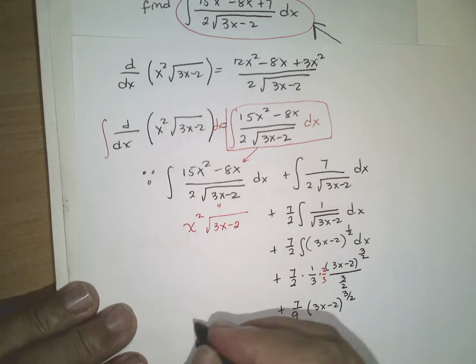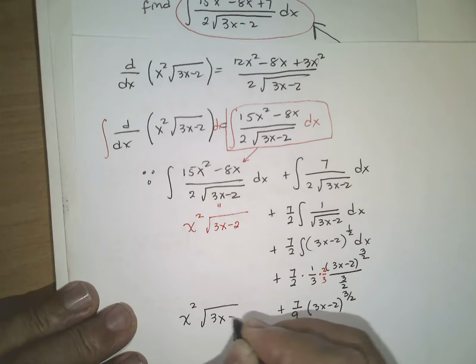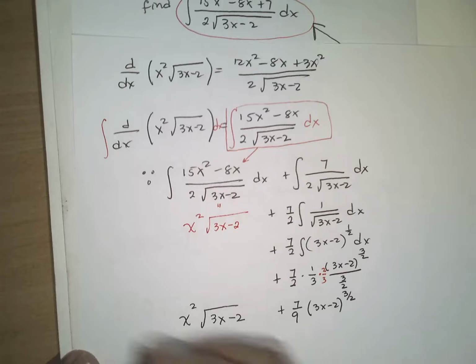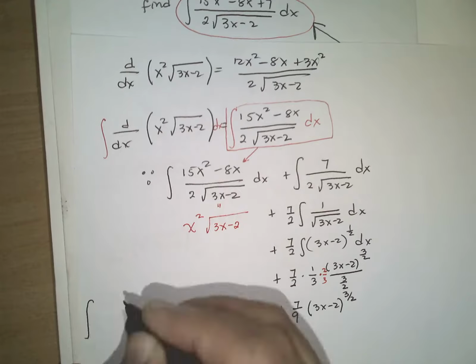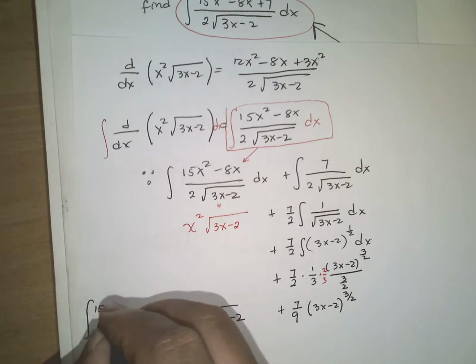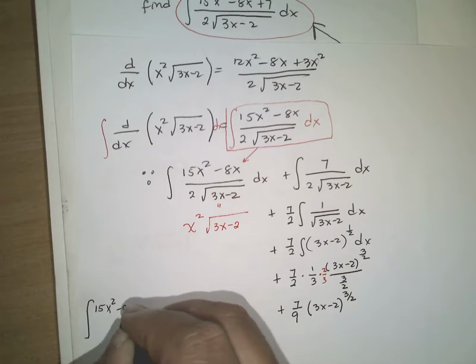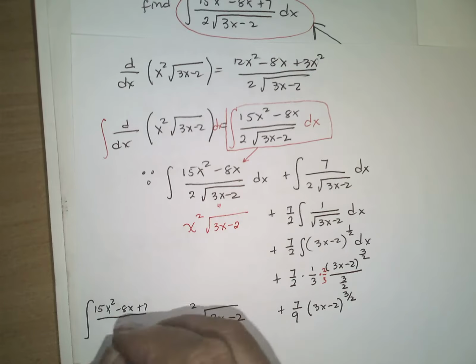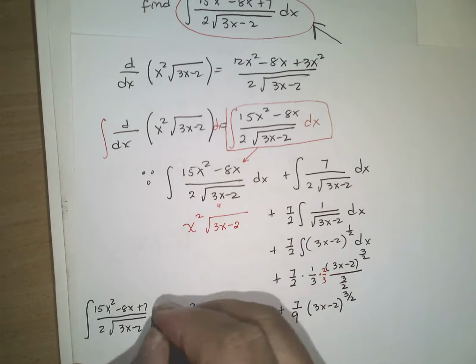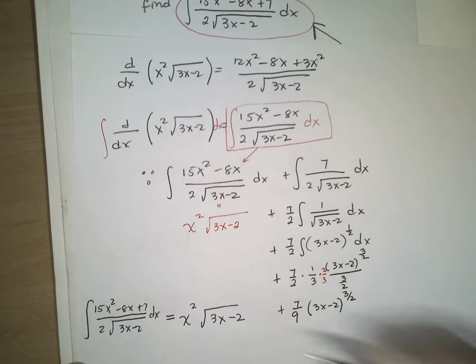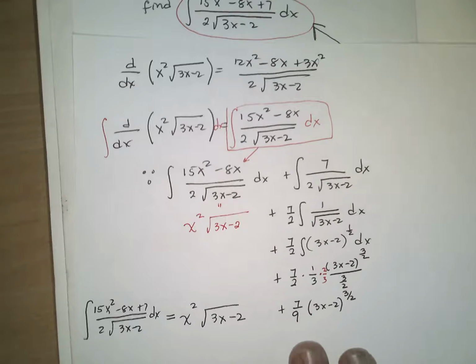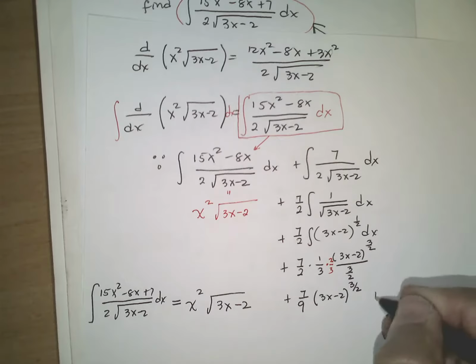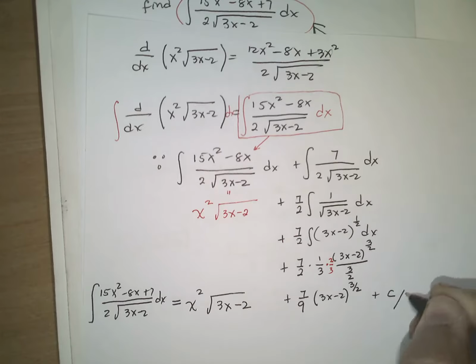So my final answer now is x squared square root of 3x minus 2 plus this. So this is the integral of the question, 15x squared minus 8x plus 7 all over 2 square root of 3x minus 2 with respect to x. This is now our final answer, and I just need to add there plus c.